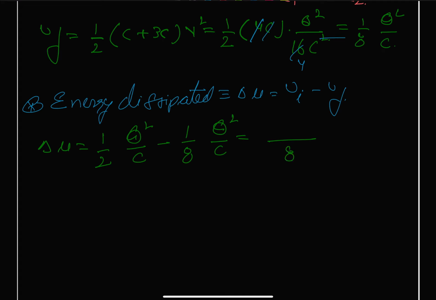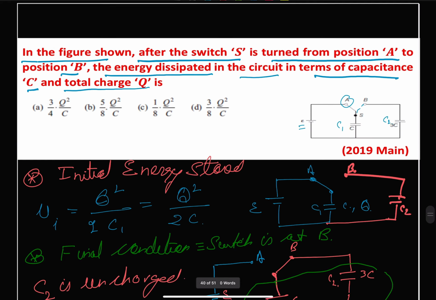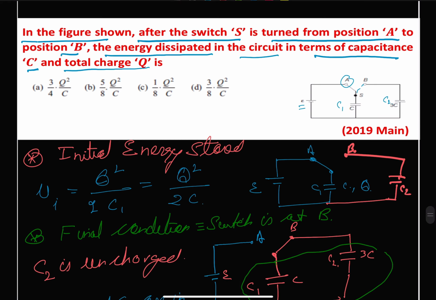So this comes as 4 minus 1 and Q square upon C, which is 3 by 8 Q square upon C. Delta U is equal to 3 by 8 Q square upon C. So option number D is the correct one.